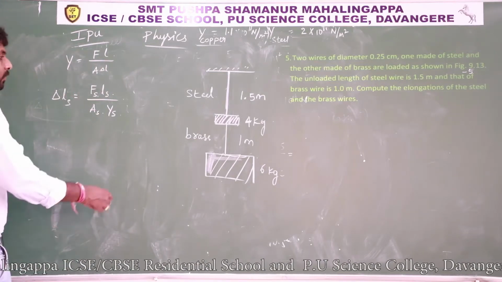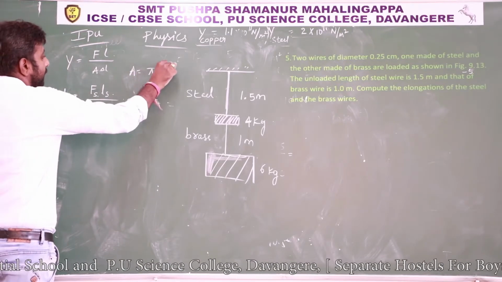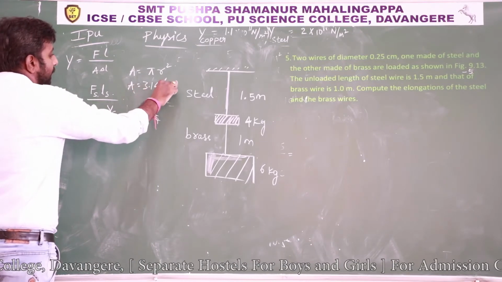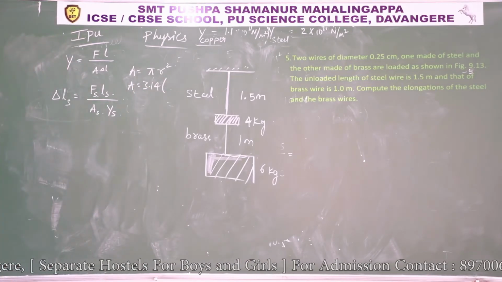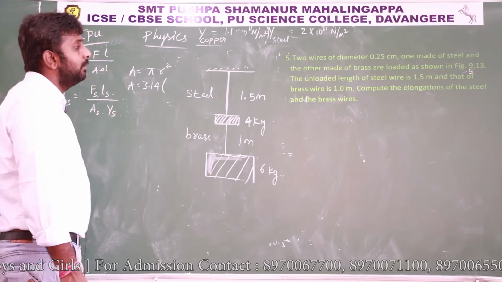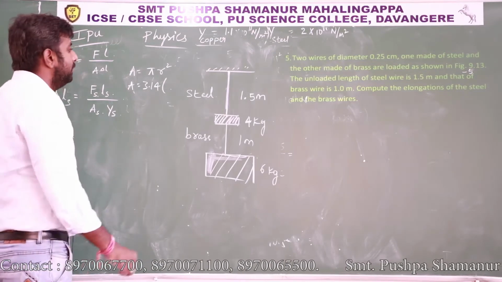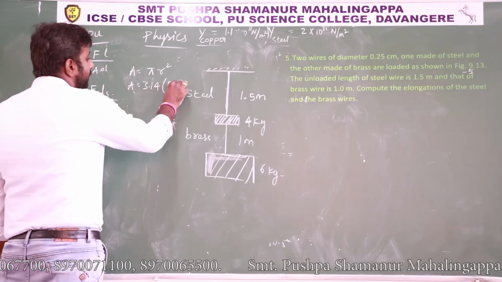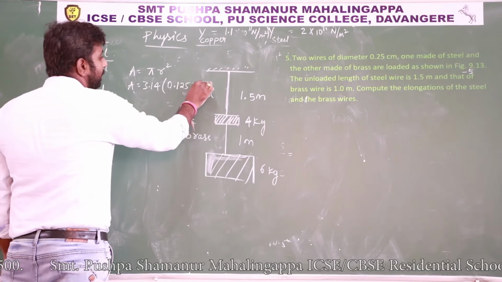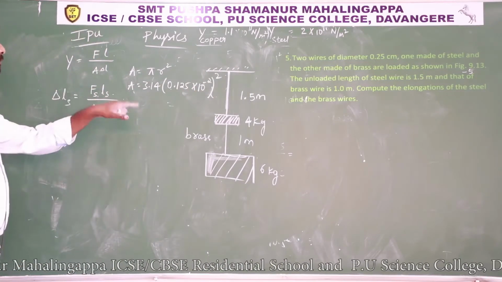So for that, what is the area? Area of the wire is pi r square. So area equals 3.14 into r square. The diameter is given as 0.25, divided by 2 gives 0.125, so 0.125 into 10 to the power minus 2, whole square. Okay, r square.